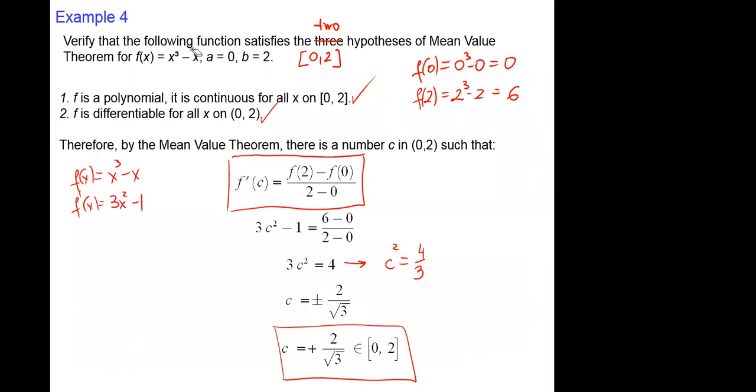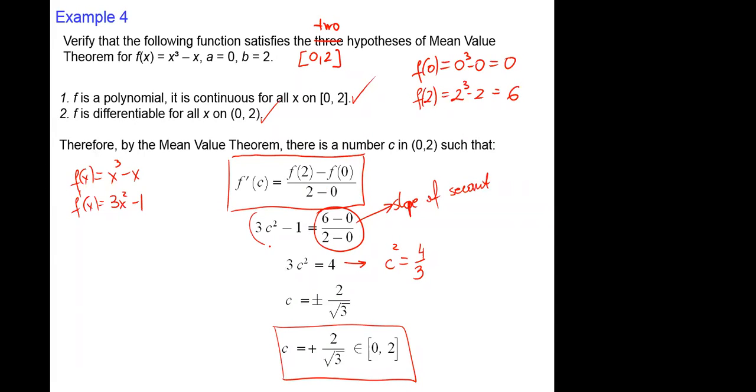That means probably this function also has another point where the tangent will have that slope. What is my slope? That's actually the slope, right? This is the slope, because the other steps are just my solution. Slope of secant.